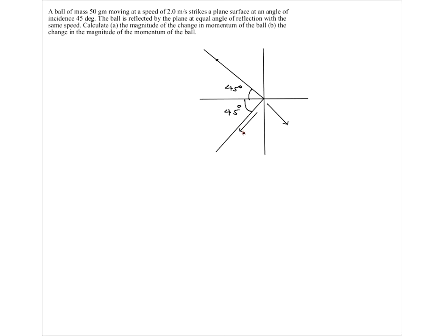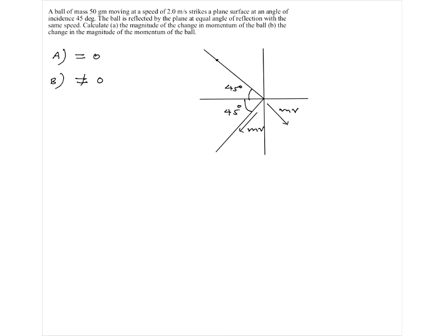Now tell me, if this is mv and this is mv itself, the same v, option A, answer should be 0 for part A. Option B, answer should not be 0.